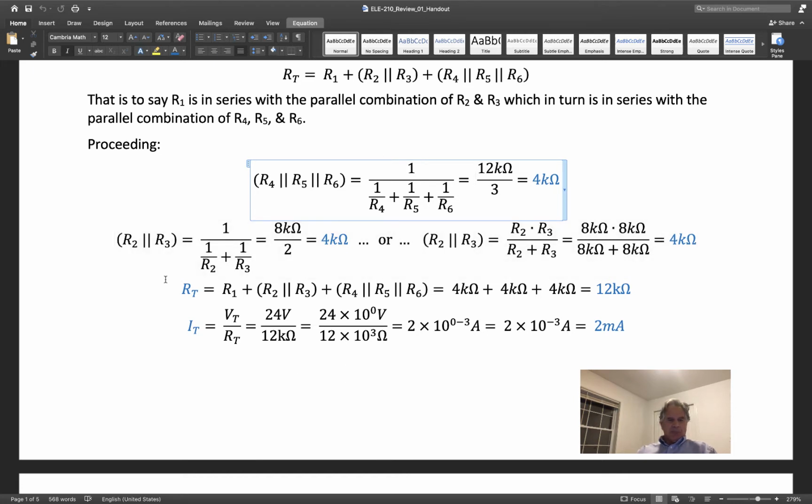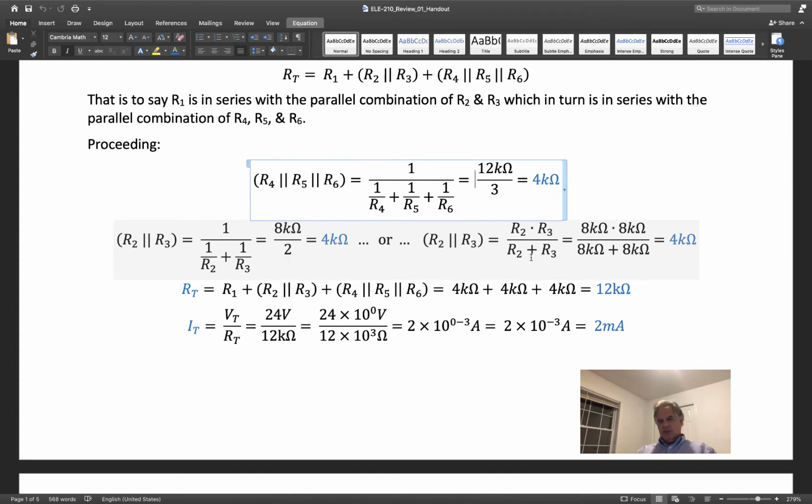The next clump of resistors was R2 in parallel with R3, and there's a couple ways we can do that. We can use the general formula. We can use the formula as two resistors of the same value, so we can take 8k divided by 2 and get 4k.